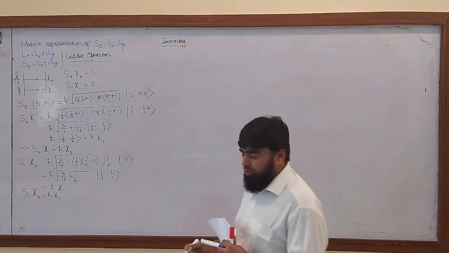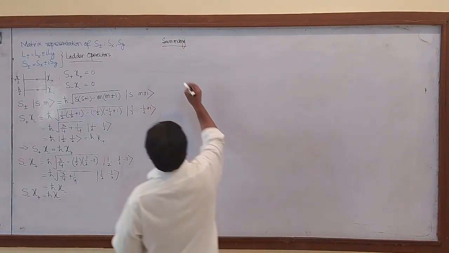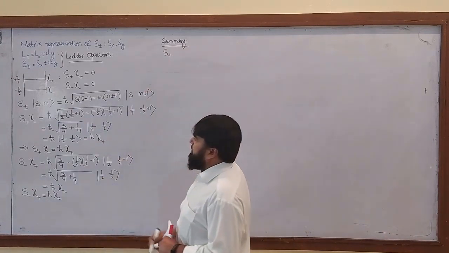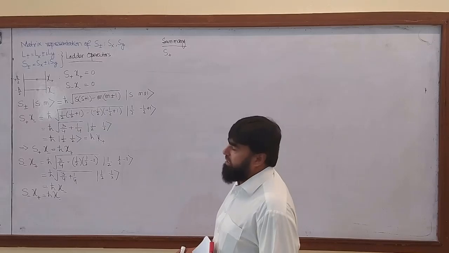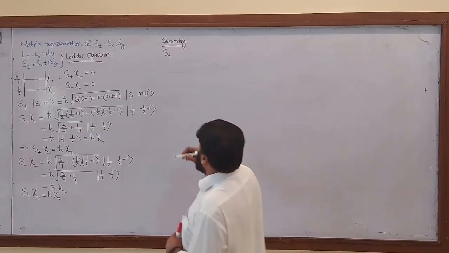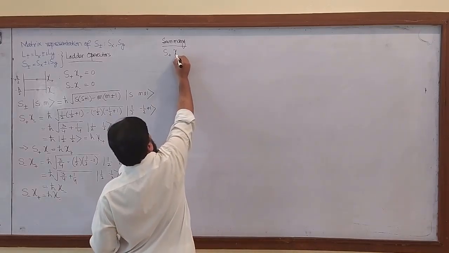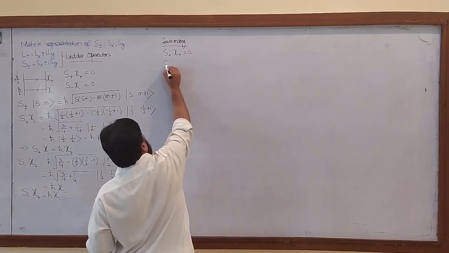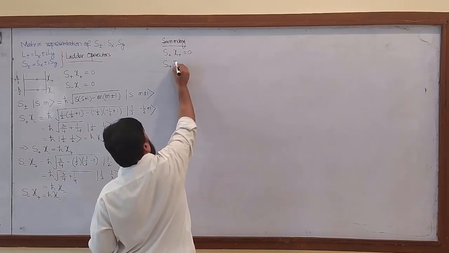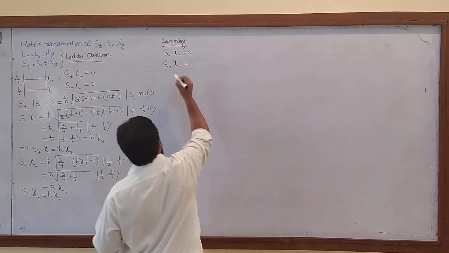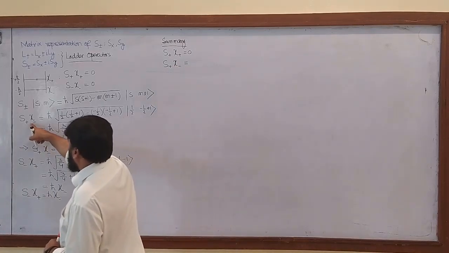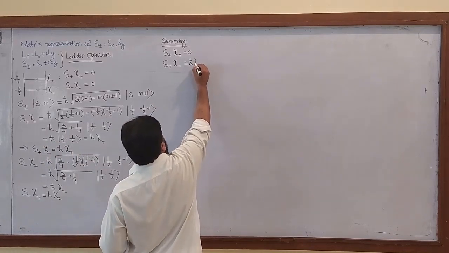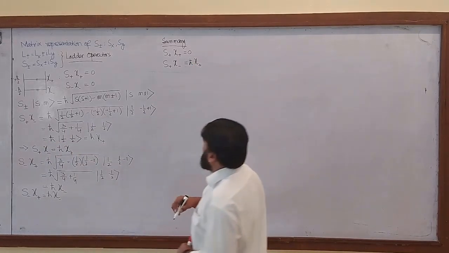In the summary, we know that, because I want to write the matrix representation for S plus and S minus. So when S plus operates on chi plus, we get 0. And when S plus operates on chi minus, what do we get? S plus on chi minus, we get h bar and chi plus.